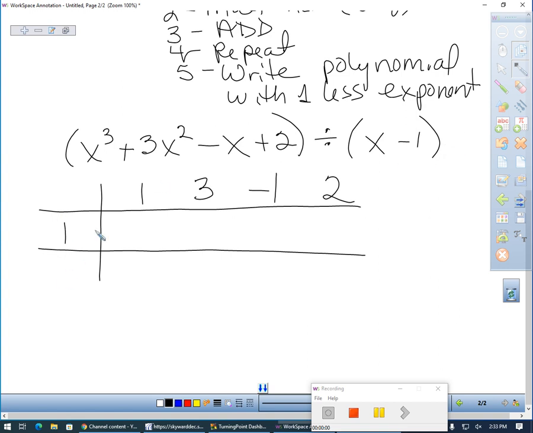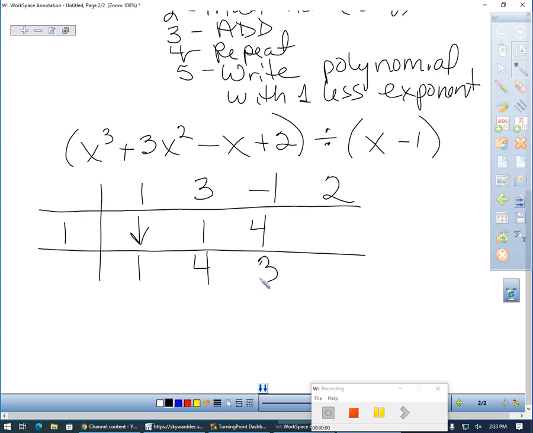Now we bring the first one down. Then we multiply. 1 times 1 is 1. We add them together. 3 plus 1 is 4. Now we repeat that. We multiply. 1 times 4 is 4. We add together negative 1 plus 4.